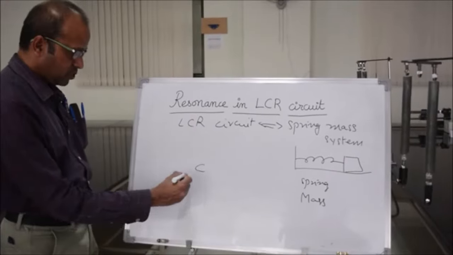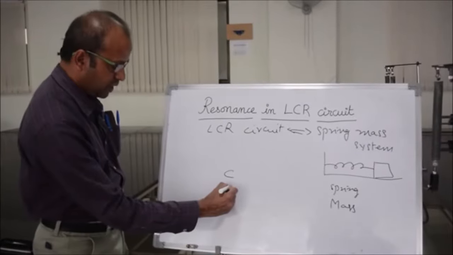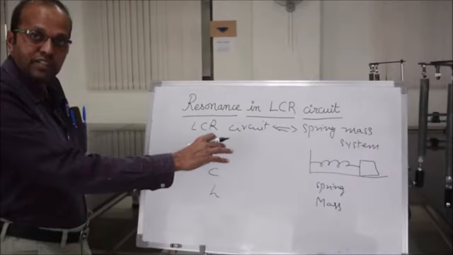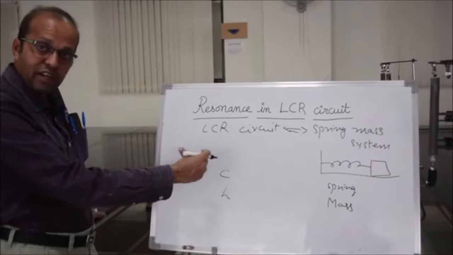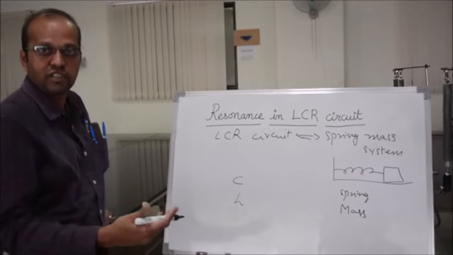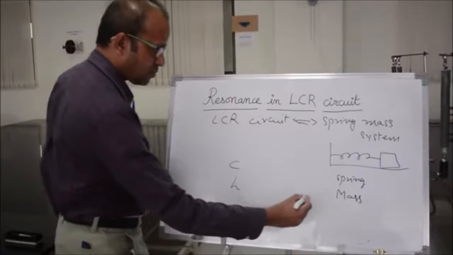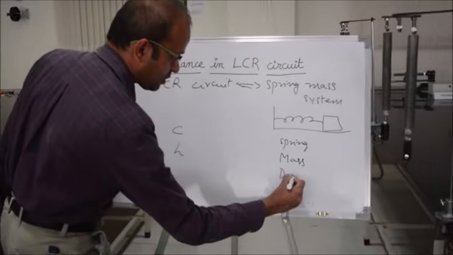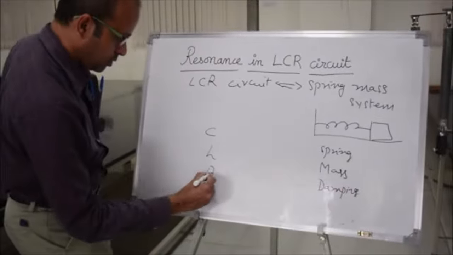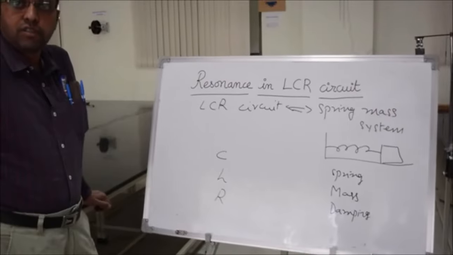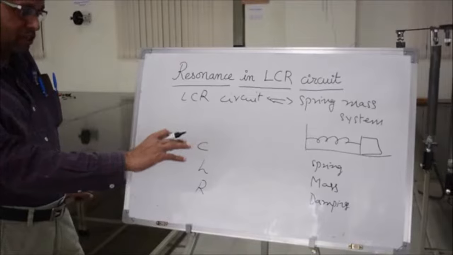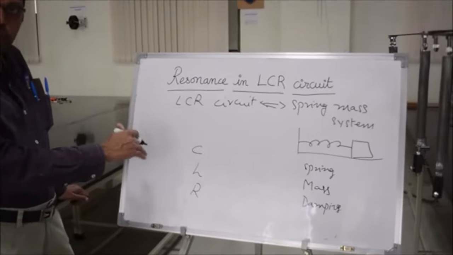So the mass, you can show that the mass is analogous to the inductor, right? Because mass is inertia and essentially inductor is like inertia of the circuit because it opposes the change in current, right? And then of course the damping, viscous damping which is there over here is analogous to the resistance in the circuit. So now we have this complete analogy between the spring mass system and the LCR circuit.